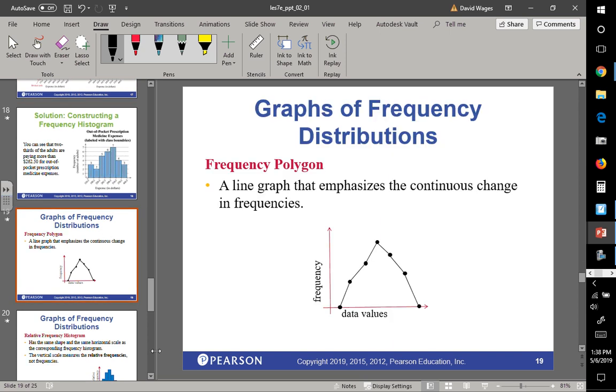Another construction is a frequency polygon. And a frequency polygon is just a line graph where we have points basically at the peak of each bar.